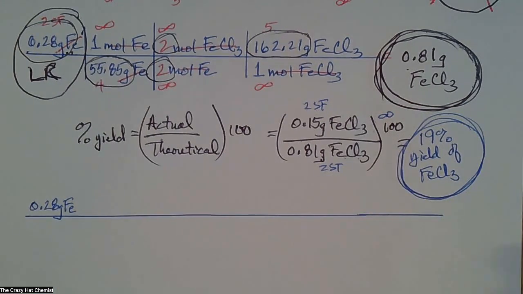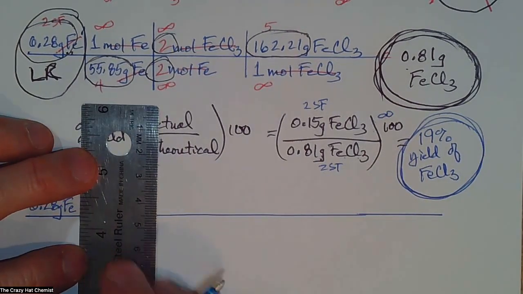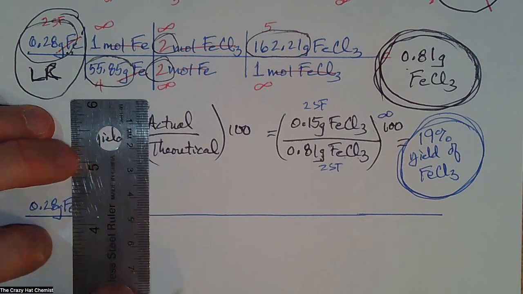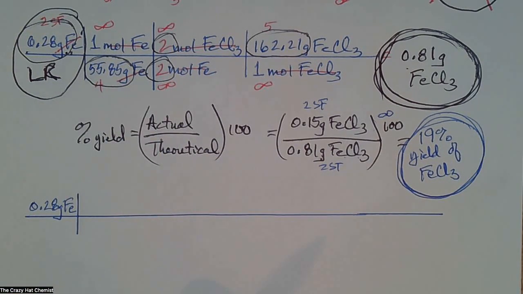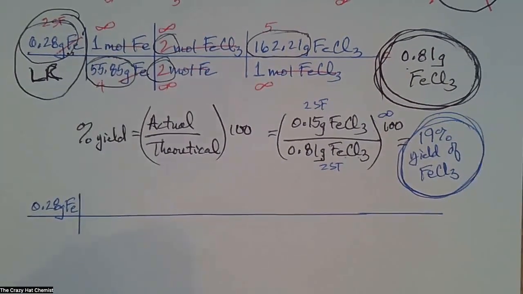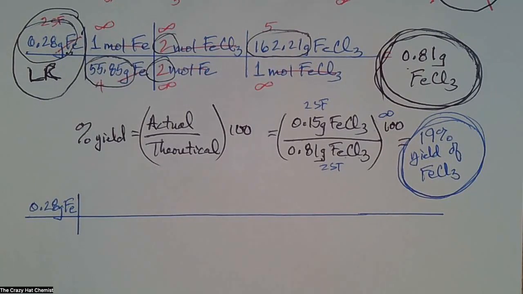Okay, here we go. So we're going to take this limiting reagent and convert it to the other reactant, and that's the HCl. We already have all the molar masses that we need previously calculated.